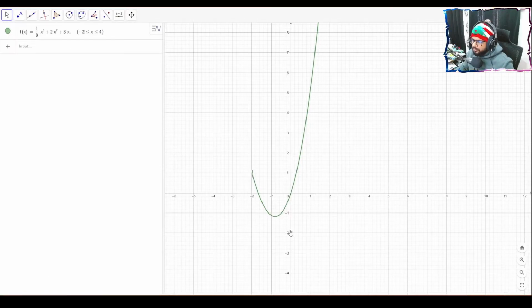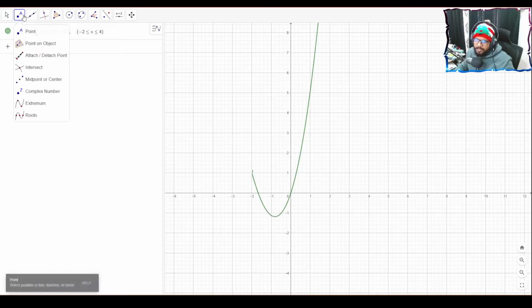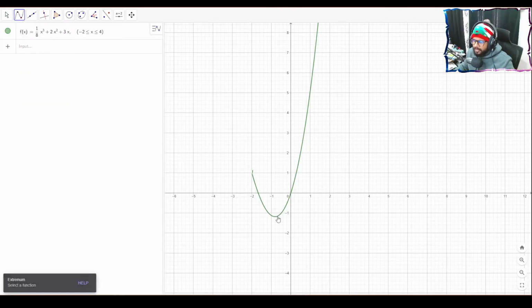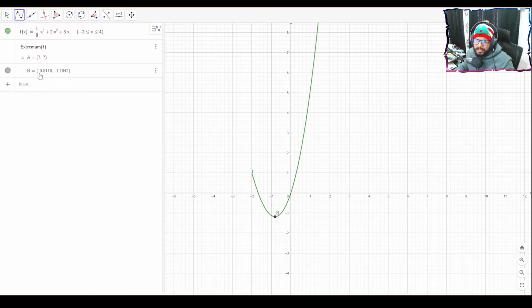If I calculate the minimum point here, I'm going to get something down here. The domain of the graph is between -2 and 4. Now, the x value for this minimum point is -0 point something. The minimum point is -0.8, and -0.8 is between the domain.